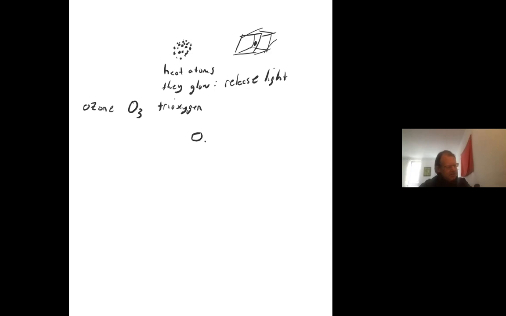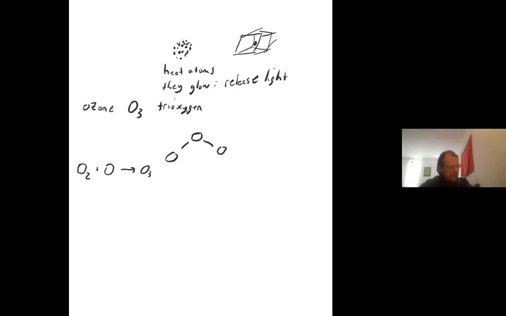It has a bent shape like this. It's 3 atoms bent like that. And what's significant about ozone is that it's produced in our atmosphere by taking molecular oxygen and atomic oxygen, so O2 plus O, and they'll react to form O3. But here's what happens.